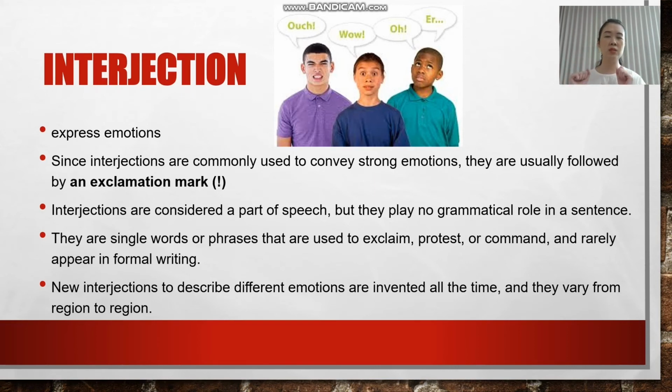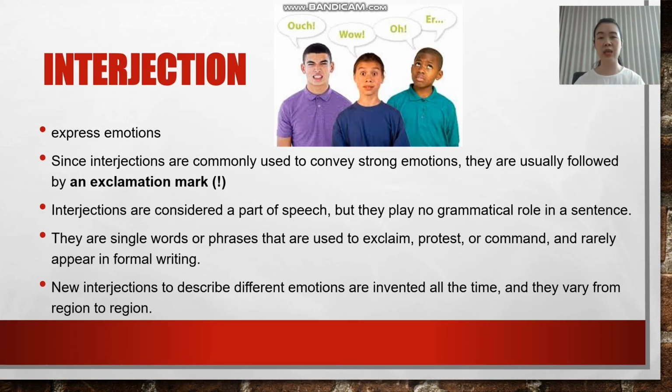The previous 7 types are related to grammar, like the noun must be here, the adjective must be before the noun, or a preposition must be used with a noun, stuff like that. But the interjection is something else.